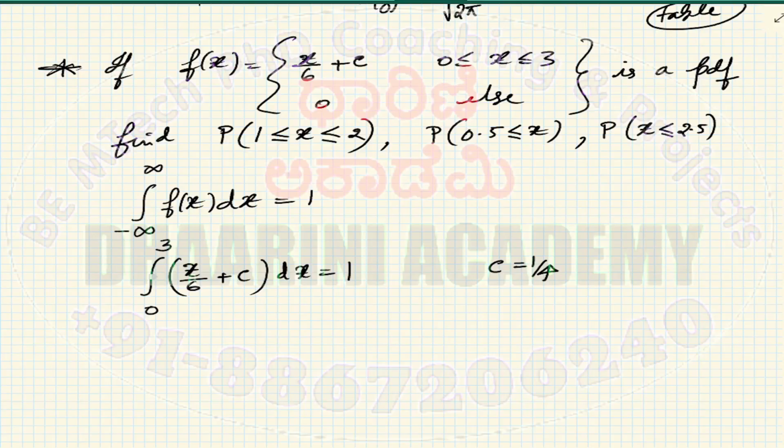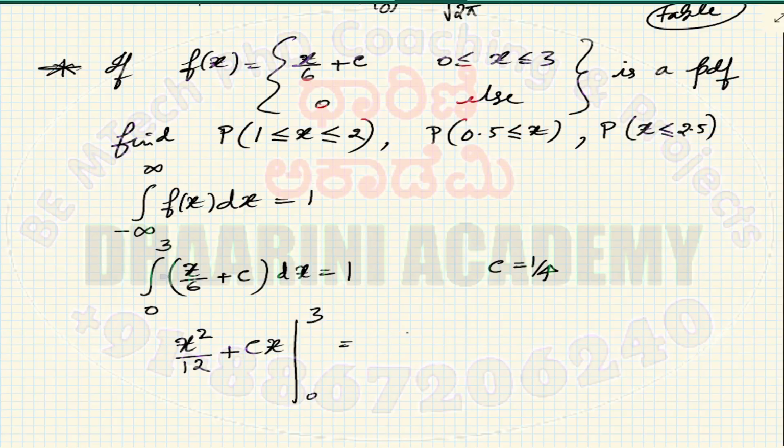When you integrate this, it becomes x squared by 12 plus cx, evaluated from 0 to 3, correct? So this is 3 squared, 9 by 12, plus 3c, and on the right hand side this is equal to 1, right?